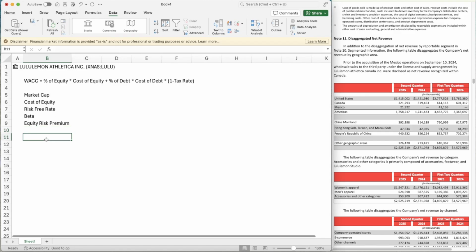Then here we want percentage of equity, debt, percentage of debt, cost of debt, tax rate, total. I think that's it.